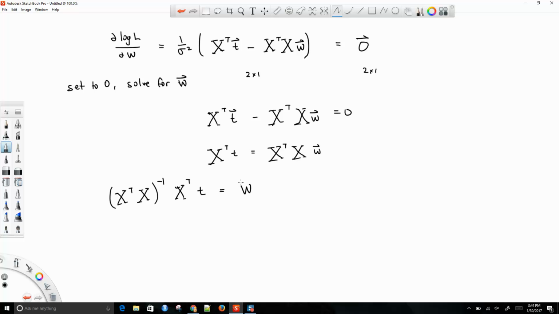And so this is going to be our estimate, so we'll set it equal to our w hat. These are our estimates that maximize the likelihood of our data.